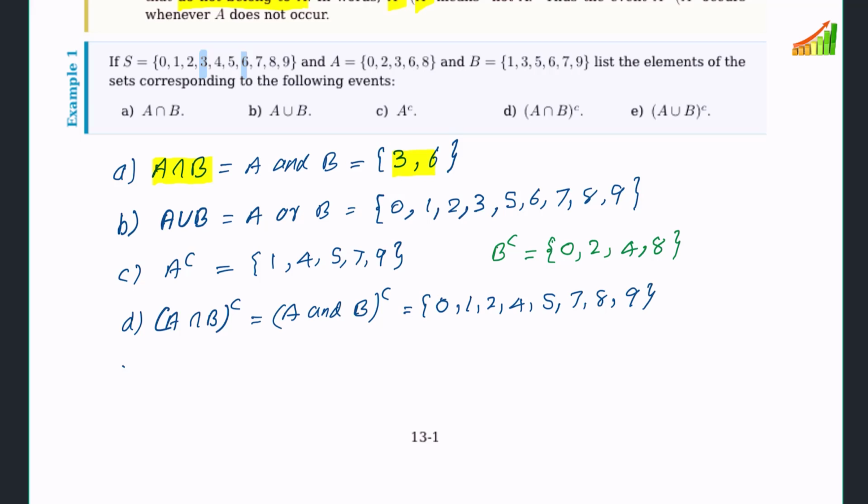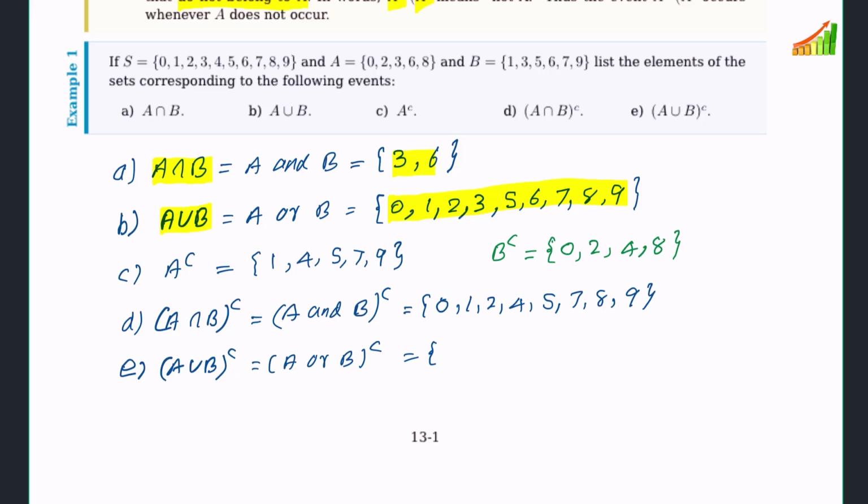The last, A union B complement. How do we find this? You can write this as A or B complement. First understand the elements in A or B. This is the A or B. So these are the elements, also called sample points.